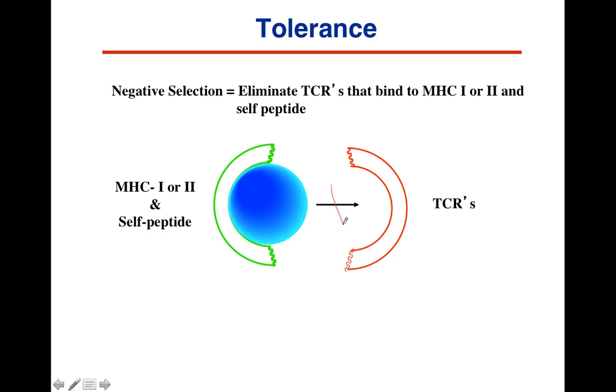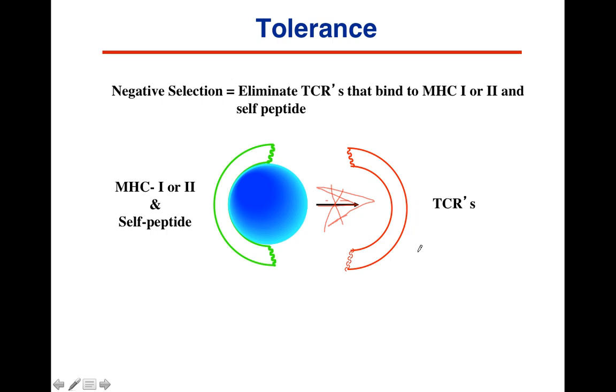So you don't want them to bind there, right? They may be able to bind the MHC alone, but with the peptide, you don't want them to bind. And so any T cell receptors that do bind in this area, you want to eliminate.